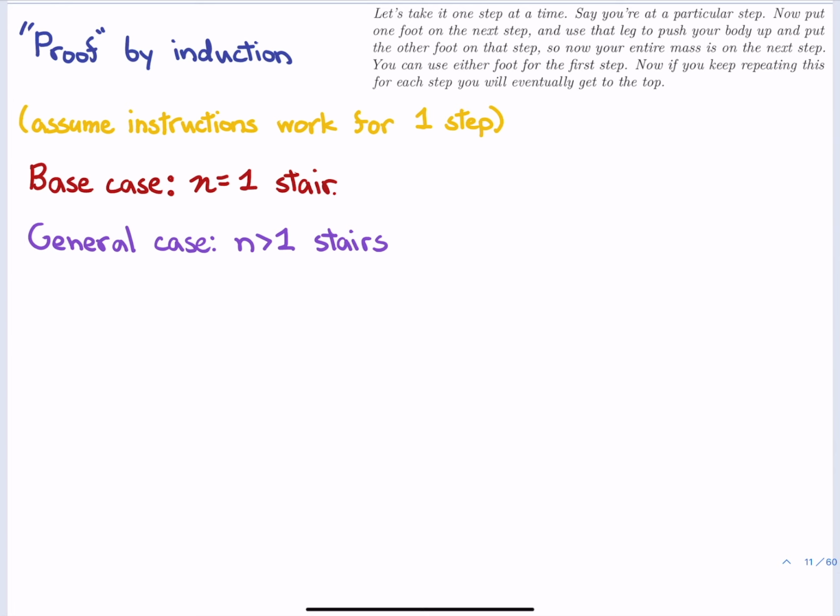Okay, perfect. So we're going to assume that the instructions work for any n-1 staircase. You know how to do 999 staircases, and you're stuck looking at a 1,000 staircase, and you want to prove that it'll work for that too.